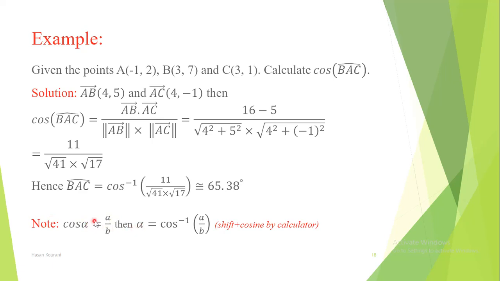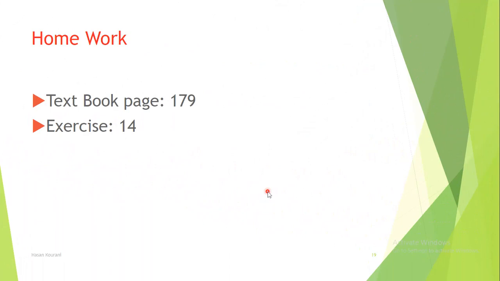Then alpha will be cosine inverse, which we can get using the calculator, cosine inverse of A over B, to get the angle. Here we have an approximated angle, which is 65.4 degrees. Okay, this is our homework according to what we said before.